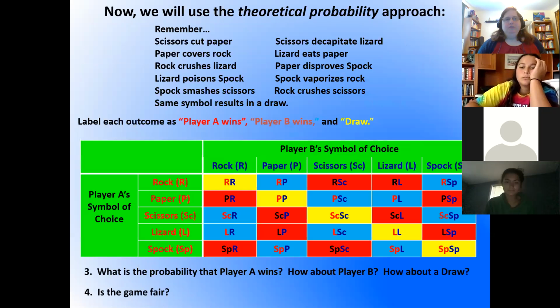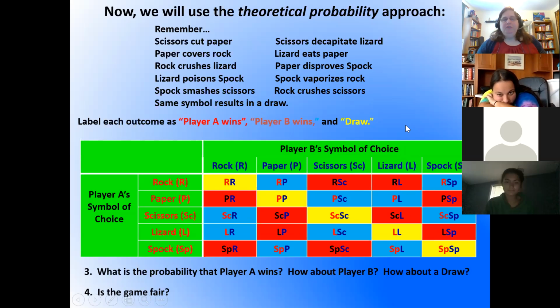So now let's do the same thing we did before with the shading. Let's shade in where player A wins with red, player B wins with blue, and a draw with yellow. If you did some quick counting, you would notice that red won 10 times, blue, or player B, won 10 times, and there were 5 draws.